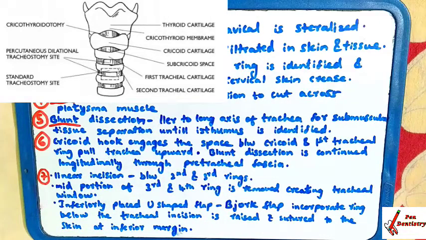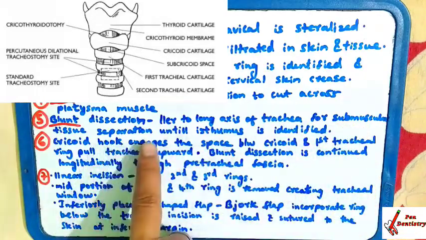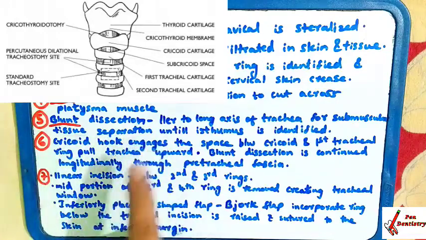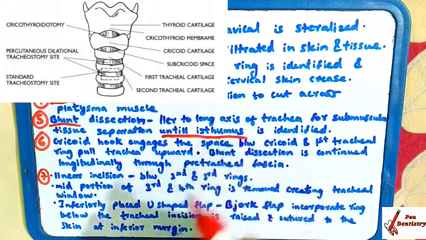This is parallel to the long axis of the trachea, forward for submandibular tissue separation until you see the isthmus. Until the isthmus is seen, you are going to do the blunt dissection.